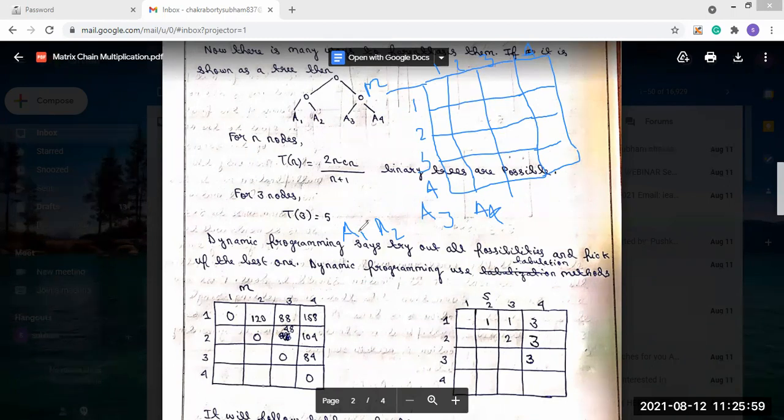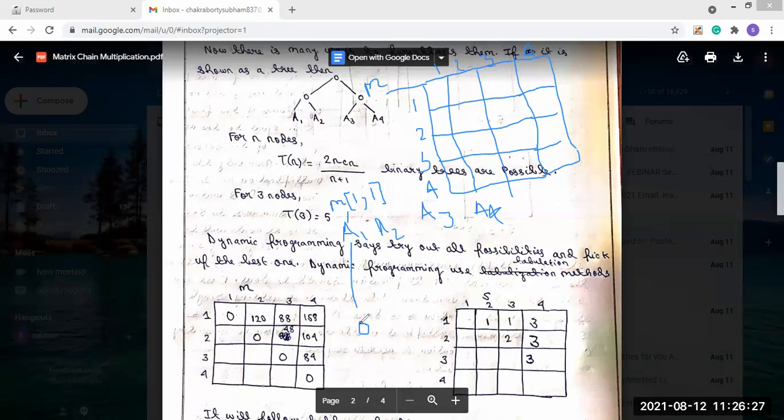So we will fill it into M11, and its cost will be 0, because at first it is not multiplied with anything.